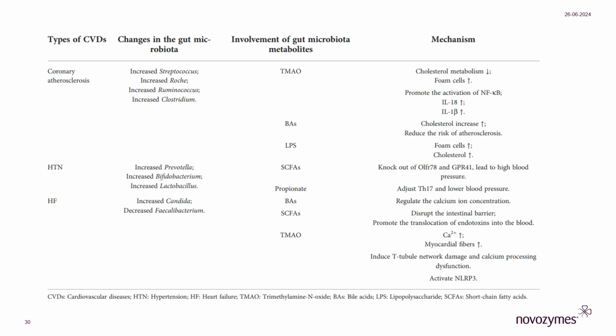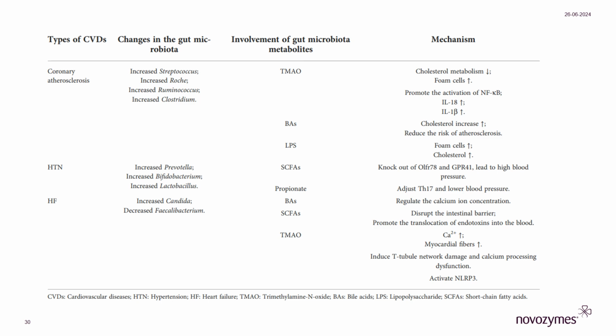This table highlights the different types of cardiovascular diseases, the changes in gut microbiota that we see in these disease presentations, and also the involvement of different gut microbiota metabolites. So let's start at the top with coronary atherosclerosis. Researchers found that patients with coronary atherosclerosis tend to have increased Streptococcus levels, increased Ruminococcus levels, and increased Clostridium in their stool sample.